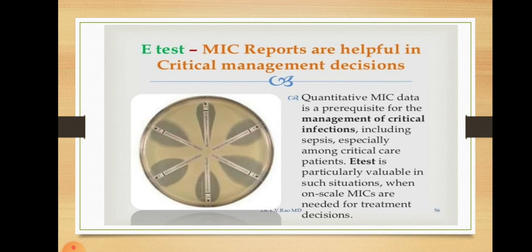E-test. MIC reports are helpful in critical management decisions. Quantitative MIC data is a prerequisite for the management of critical infections including sepsis, especially among critical care patients. So the E-test is particularly valuable in situations where on-scale MICs are needed for treatment decisions.